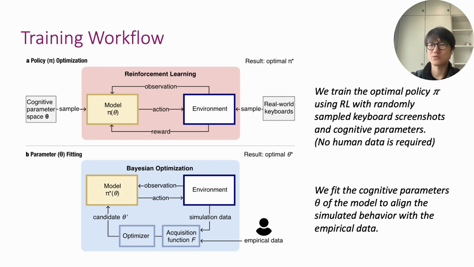It is trained with a designed reward function, which includes a positive reward for correctness and a penalty over time. For accurate reproduction of data from humans, we fit the cognitive parameters of the model to align the simulated behavior with the empirical data. The acquisition function measures the similarity between the distribution of generated behavior and human behavior.